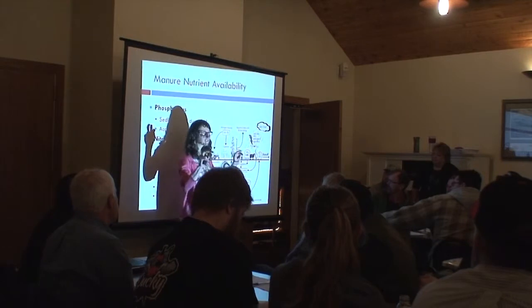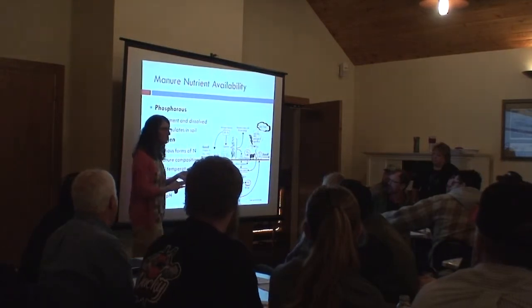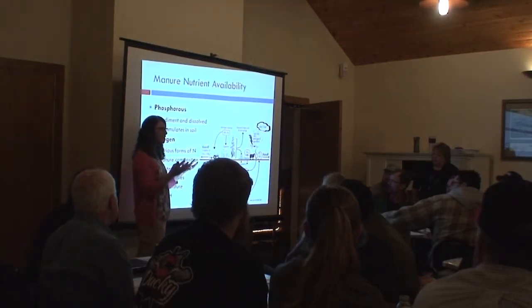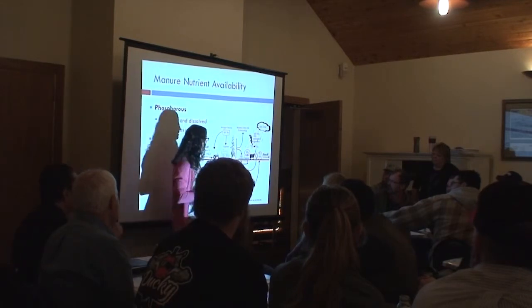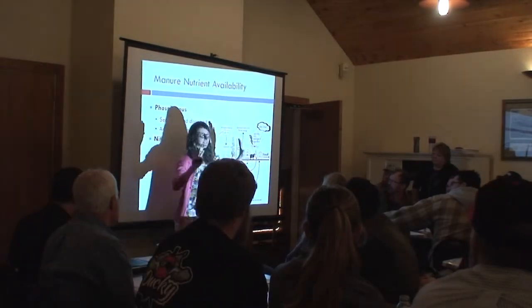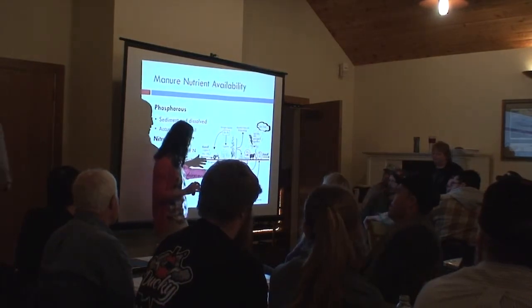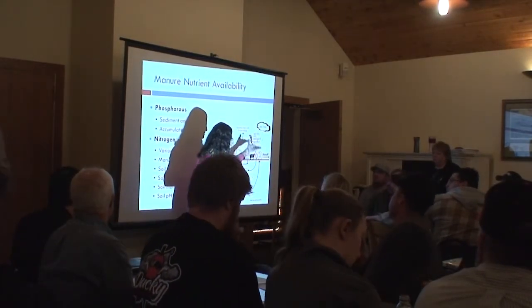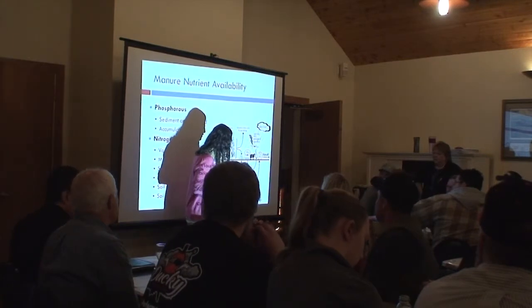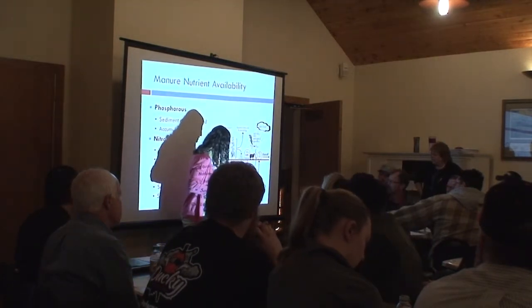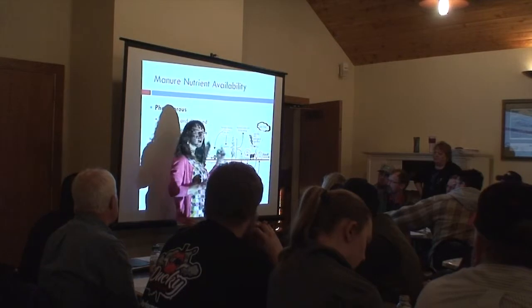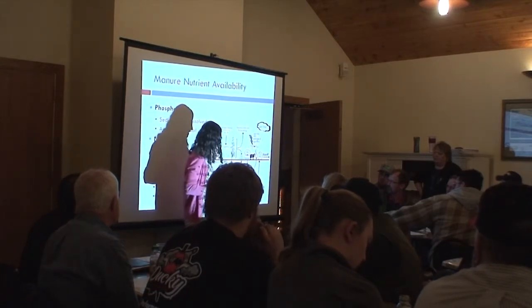If we get denitrification, meaning your soils get totally saturated or something of that nature happens, then you do get some loss as nitrogen gas. But that's pretty much more rare over here. So our main loss is as ammonia directly to the air, or if this nitrification happens and all this nitrate is not taken up by your plants, it's lost via leaching.